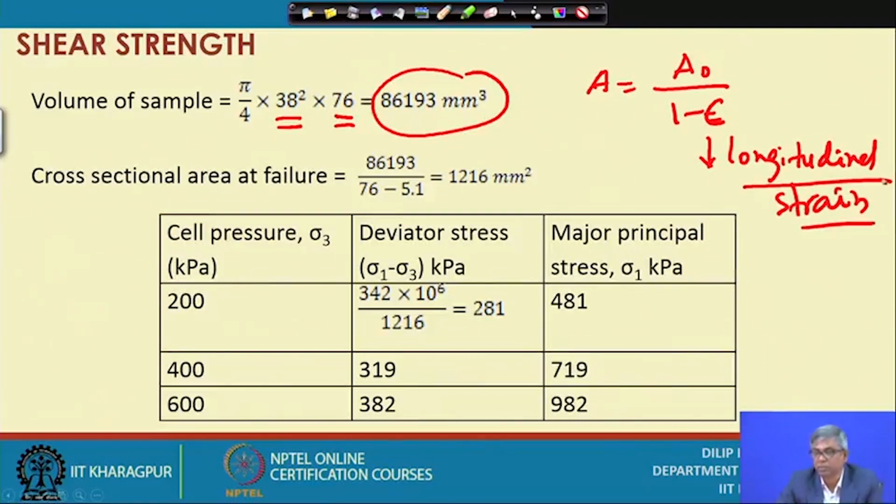Now, this longitudinal strain, if it is A naught, if we express in terms of volume, it is V by L minus delta L. This is another form, because area multiplied by L is the volume.